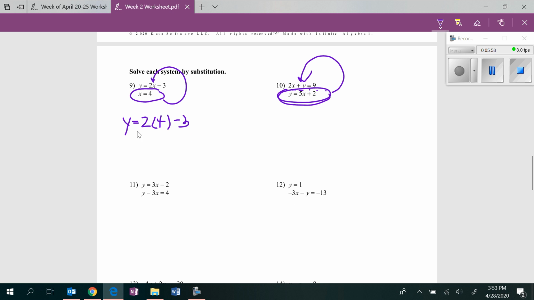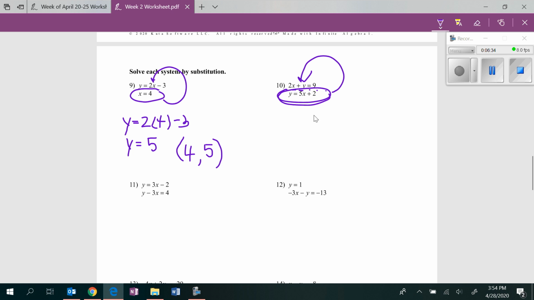So y = 2 times 4 - 3. That means y is going to equal 8 - 3, which is really 5. So then your answer in coordinate form, we already knew x = 4, so they already gave us that, and y is 5.